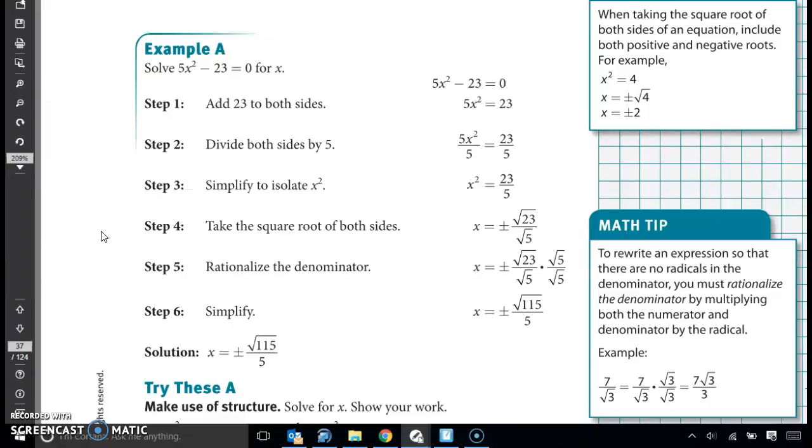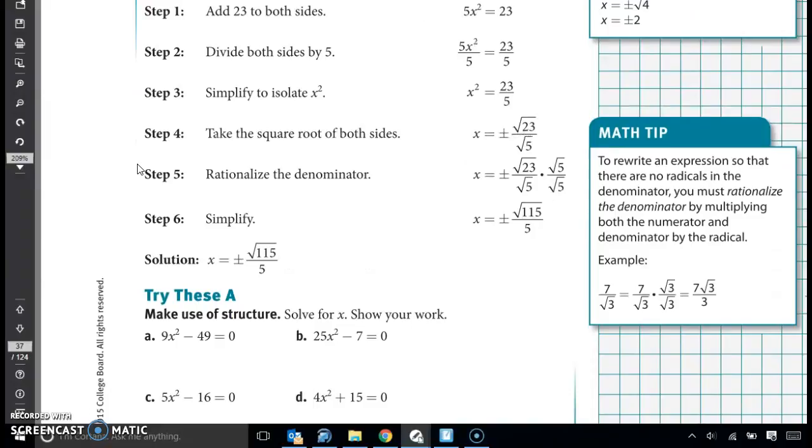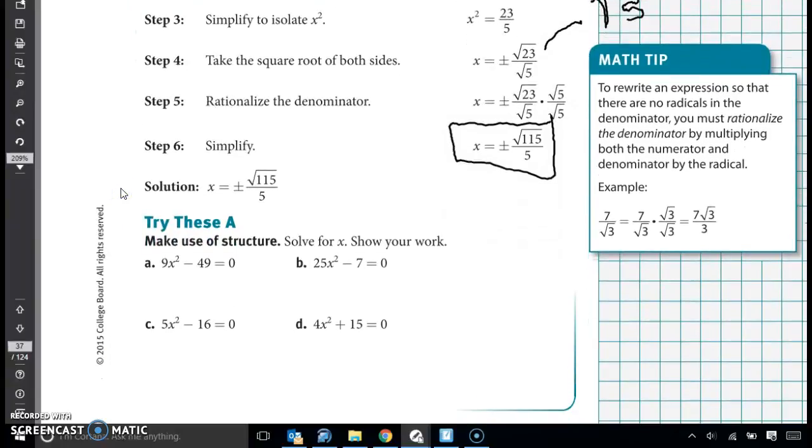And that's because if we look at this 23 and 5, this can be rewritten as the square root of 23 over 5, and that fraction doesn't simplify. So this is as simplified as it's going to get. And then there's just a refresher over here under Math Tip about rationalizing your denominator, which is what we did yesterday.